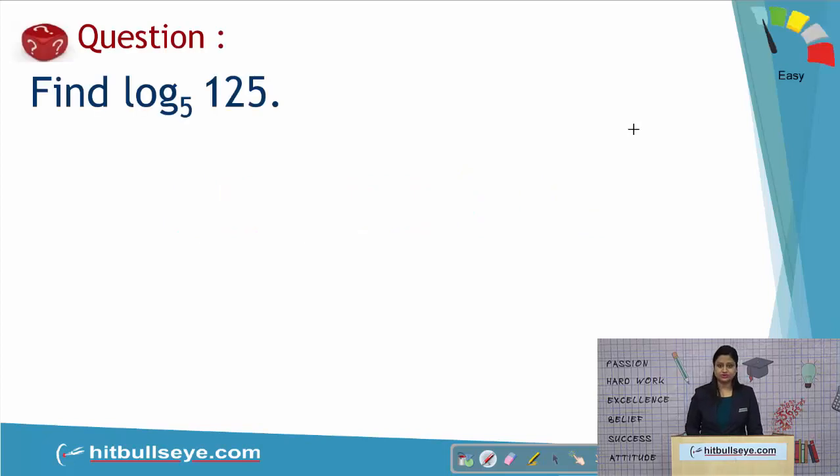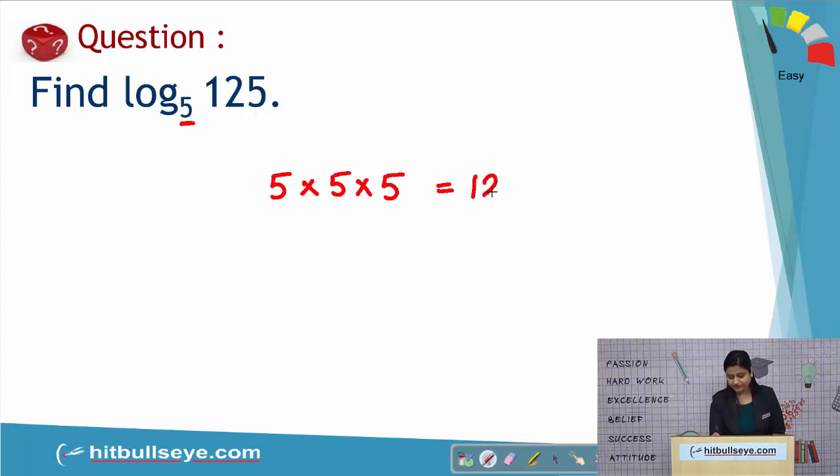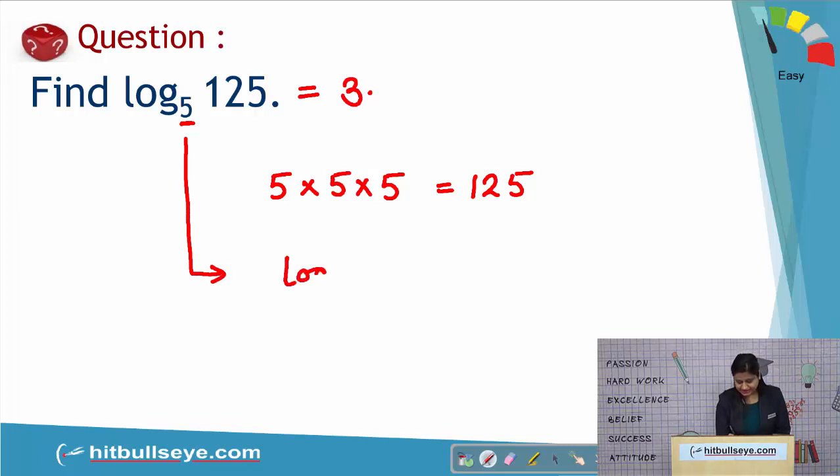Now coming to the next question, a similar one. Simply we can go by the definition of log. If 5 multiplied 3 times, we'll get 125. So what will be the answer to this question? It will be 3. But if we apply the formula here, this number can be written as 125.